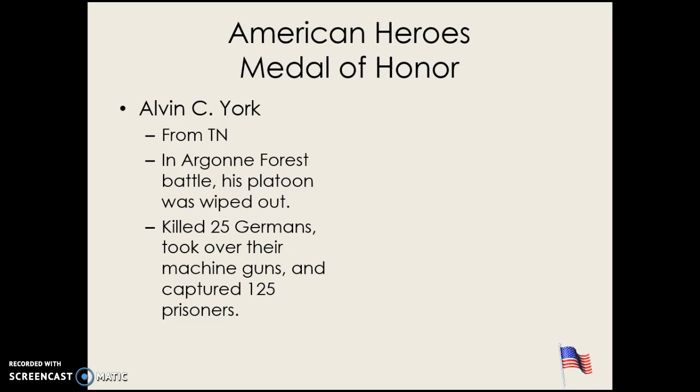Alvin C. York from Tennessee. In the Argonne Forest battle, his platoon was wiped out, and Alvin C. York was raised in Tennessee, and he was taught to shoot by shooting wild turkeys. If you think about shooting a turkey, you shoot the turkey from the side because the turkey can't see you from the side. So in the battle, his whole platoon was wiped out.